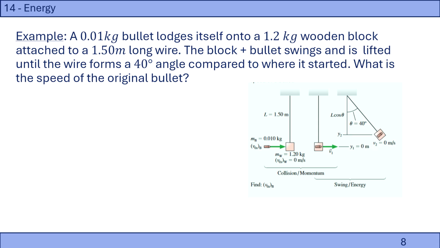It lodges itself, meaning it stays within the block, onto a 1.2 kilogram wooden block attached to a 1.5 meter long wire. The block plus bullet swings and is lifted until the wire forms a 40-degree angle compared to where it started. What is the speed of the original bullet? Okay, sounds like a doozy.